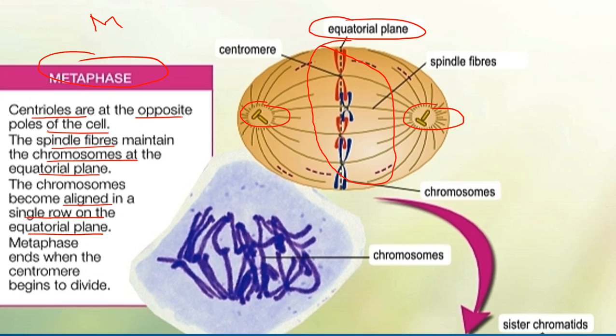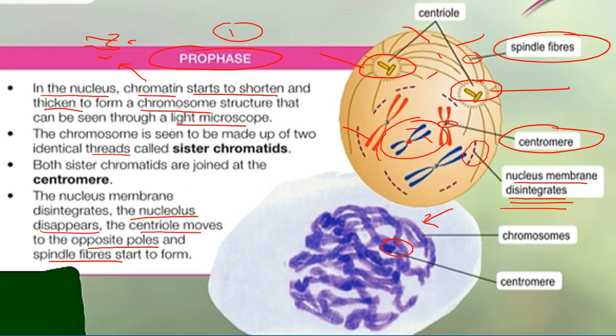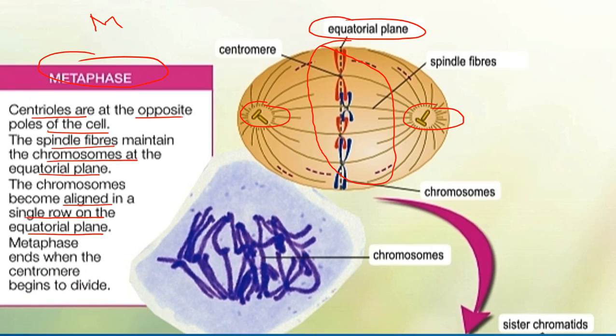So metaphase ends when the centromere begins to divide. Masih ingat centromere adalah ini, yang tempat join itu sister chromatid. So apabila the centromere begins to divide, itu adalah the end of metaphase.